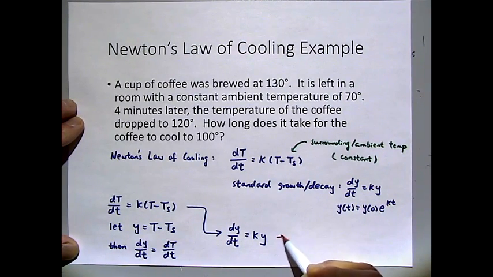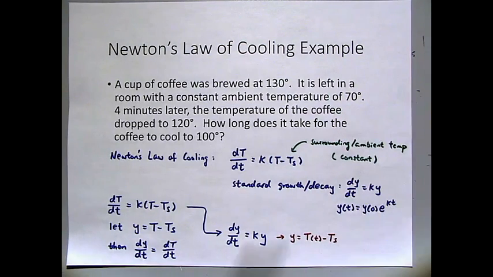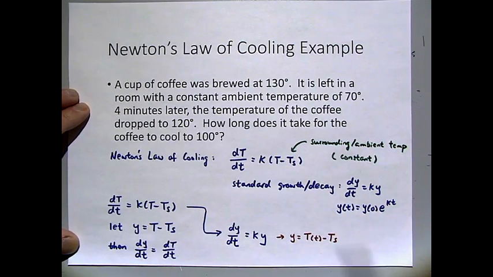And in this case, y is big T, a function of time, minus the constant Ts. Okay, so then we know this and that are related. y of t is equal to y of 0, at t equal to 0, e to the kt, which, using this definition of y, we get T of t minus Ts.